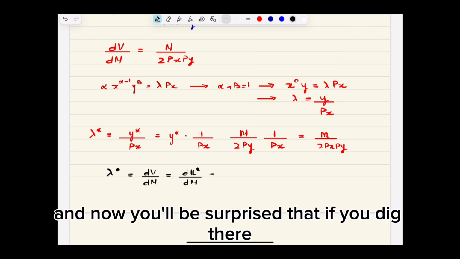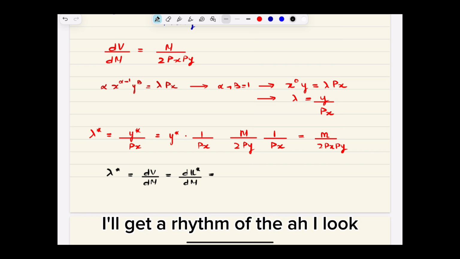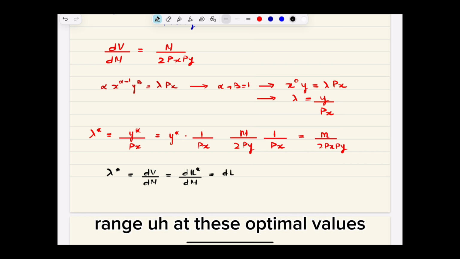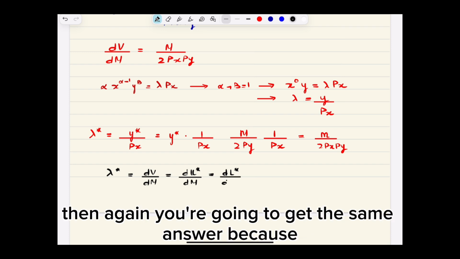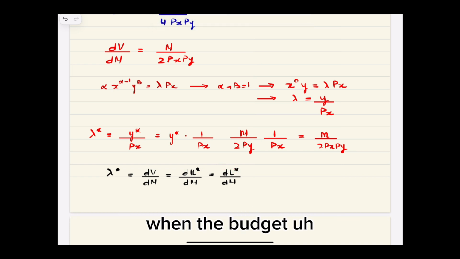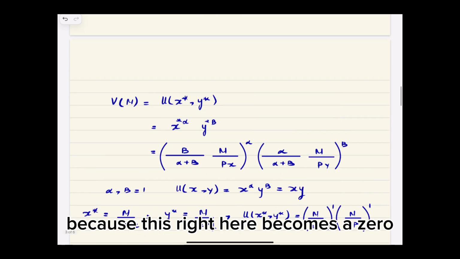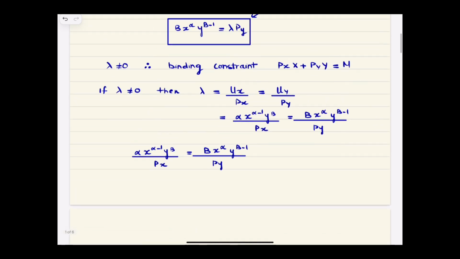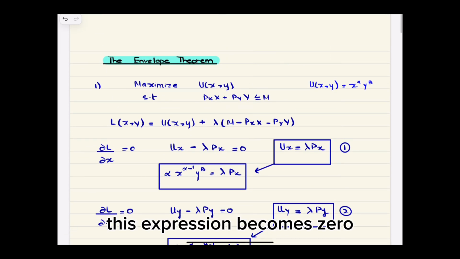And you'll be surprised that if you take the derivative of the Lagrangian at these optimal values, you're going to get the same answer, because the Lagrangian actually collapses to the utility function when the budget constraint is satisfied, because this expression becomes 0.